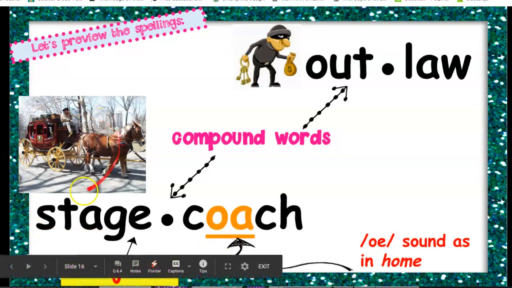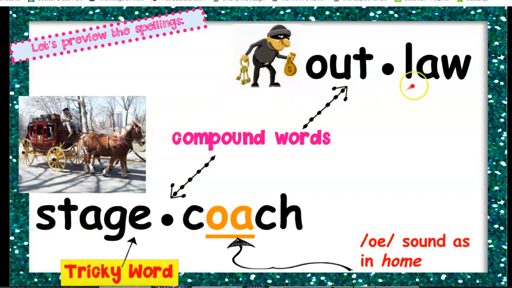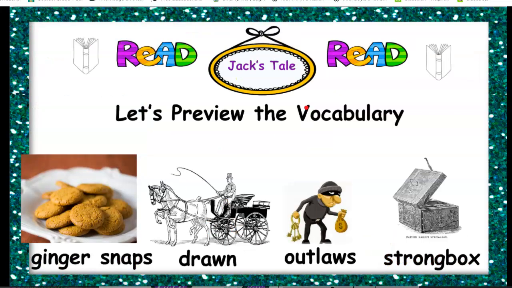And this is a picture of a stagecoach. Outlaw is a compound word, and I just wanted to point that one out because it's made out of two words, out and law. And this is an outlaw. We'll go over the meaning of these words a little bit more in just a minute.